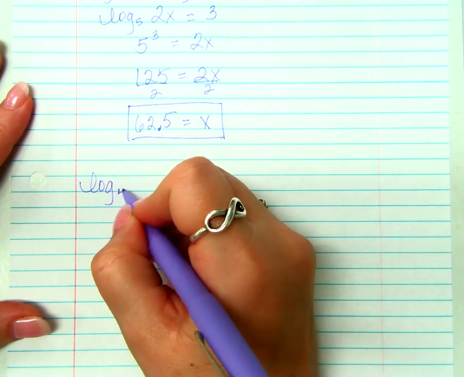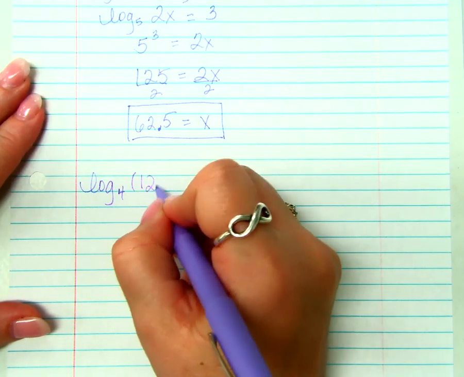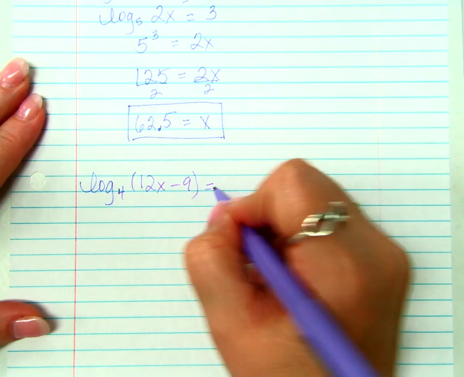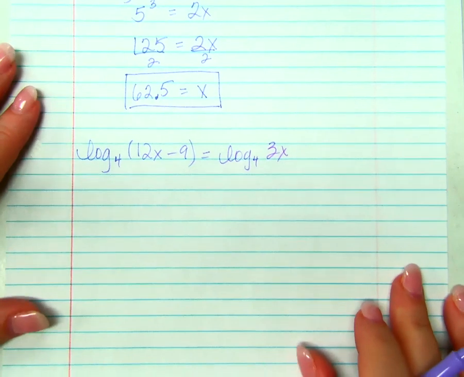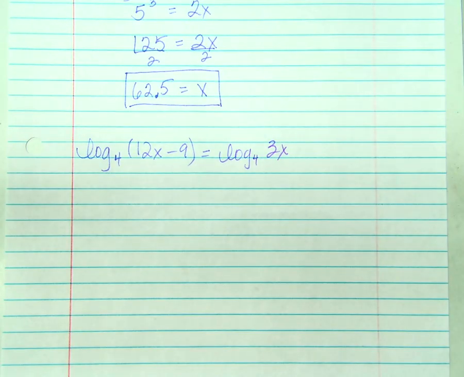Log base 4 of 12x minus 9 equals log base 4 of 3x. So if we're using logic, how do you think we would solve this?